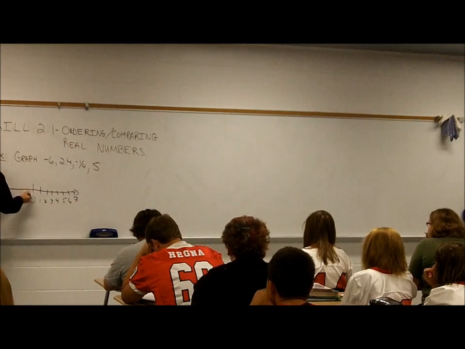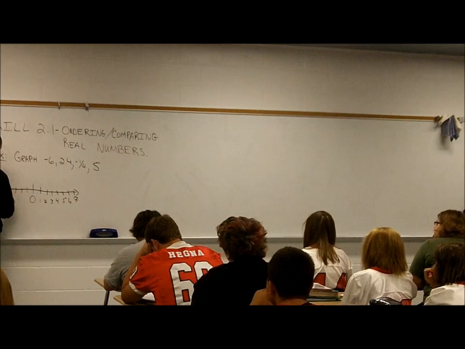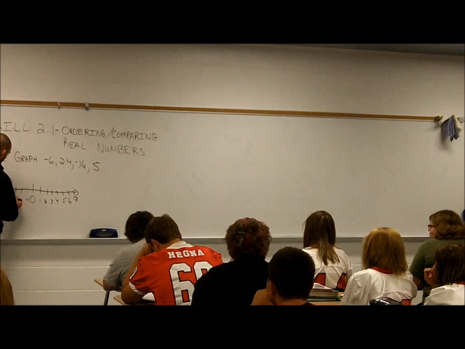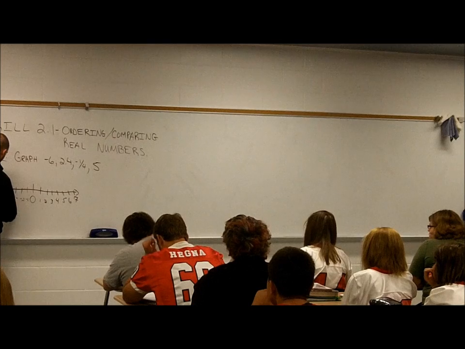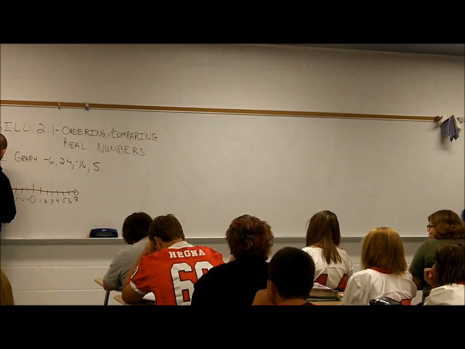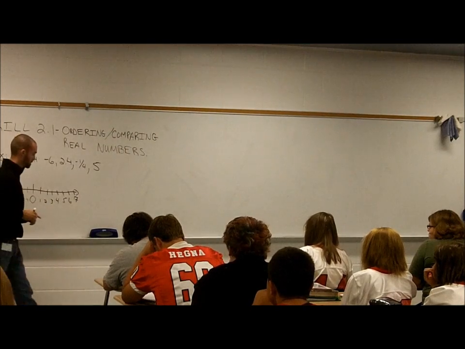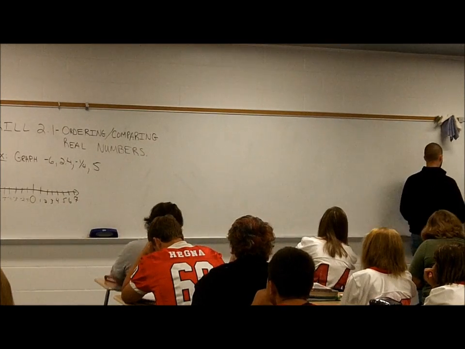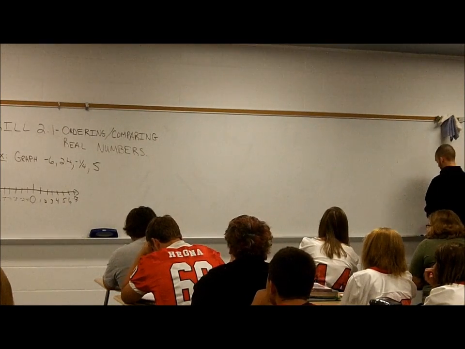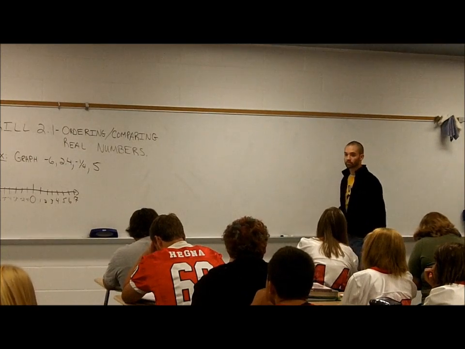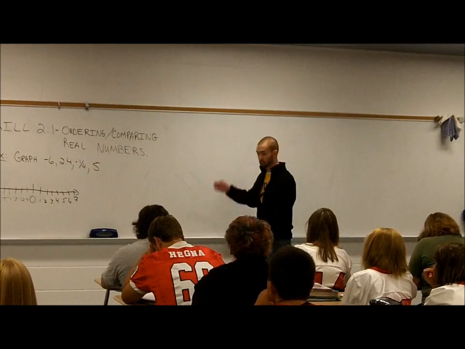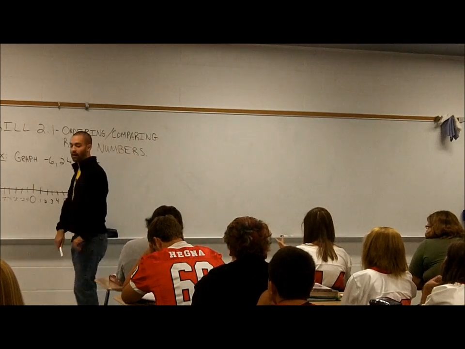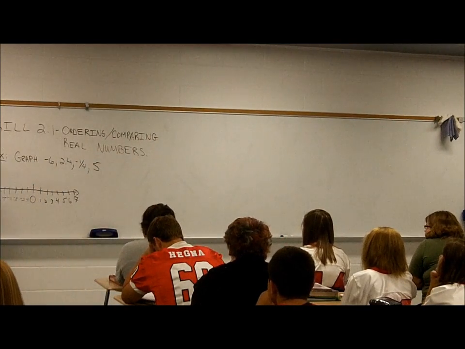Okay? I'm going to go this way. Maybe 6. Good. So now that I have my graph, I do what to graph those numbers? What represents these numbers on this graph? Points. Okay, points.